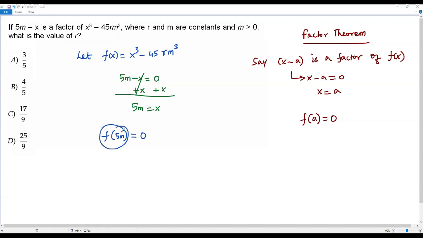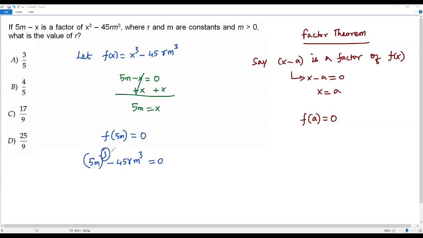To evaluate f(5m), I plug x = 5m into the function. On the left side I get (5m)³, and I write the rest as it is: − 45rm³ = 0. Here we have a product of two terms, 5 and m, with a common exponent.